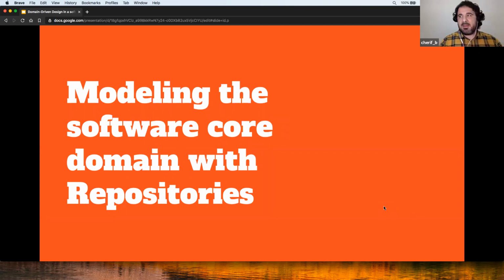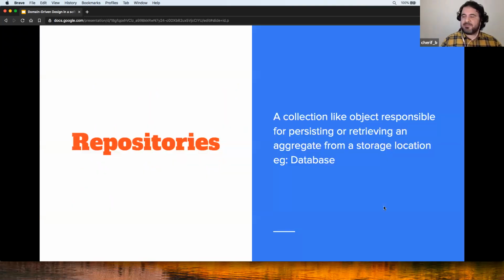It's like a collection-like object responsible for persisting or retrieving an aggregate from a storage location, like a database. The purpose of the repository is to encapsulate all the logic needed to obtain or persist object references. The domain objects won't have to deal with the infrastructure to get the needed references to other objects of the domain. They will just get them from the repository, and the model gains clarity and focus.